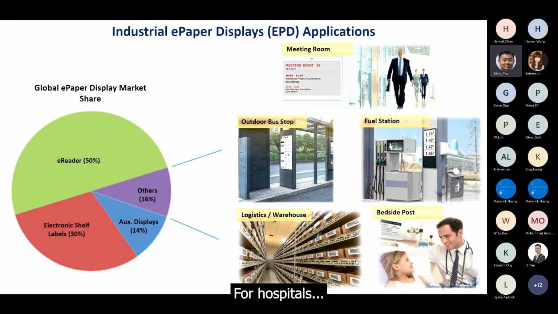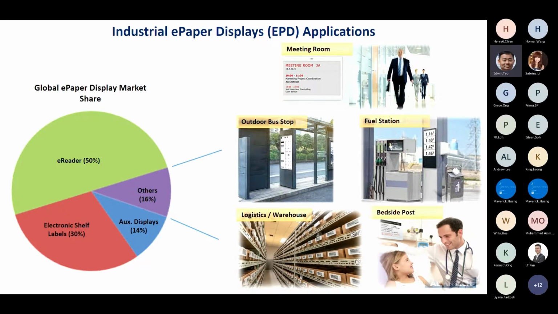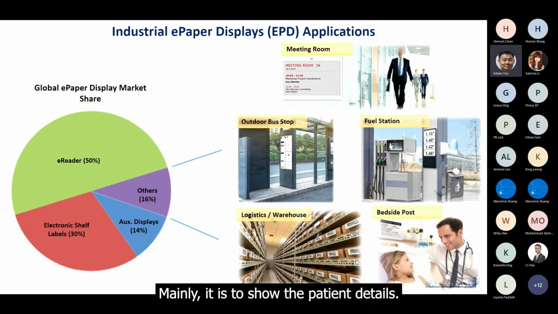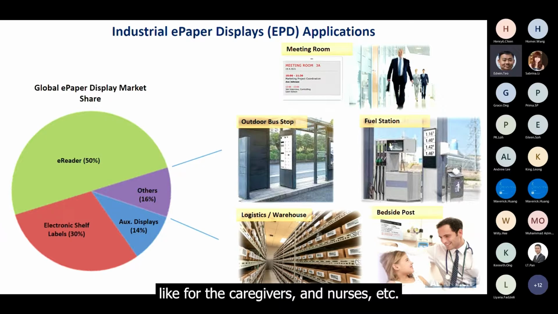Bedside posts for hospitals. If you look at every hospital, you see what we call bedside post next to the bed. What is this bedside post about? Mainly it is to show the patient details, name, age, or whatever details they have, and also some warning signs. So for example, this person can only consume liquid, no solid food, or something to take note by the caregivers like nurses.